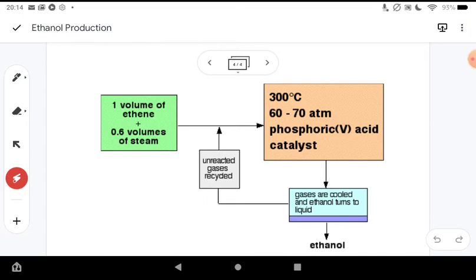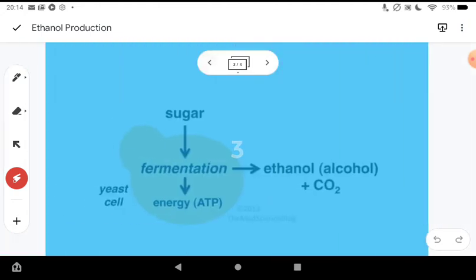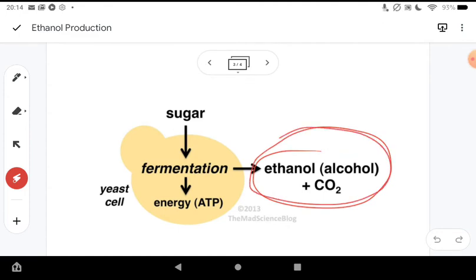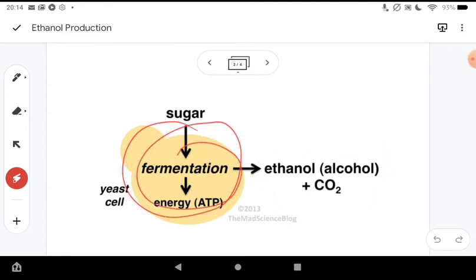When you have a look at things like vinegar, for example, you'll know that you get malt vinegar, wine vinegar, cider vinegar. That's where the ethanol from this process has been oxidized. That's because this is used in a biological process.